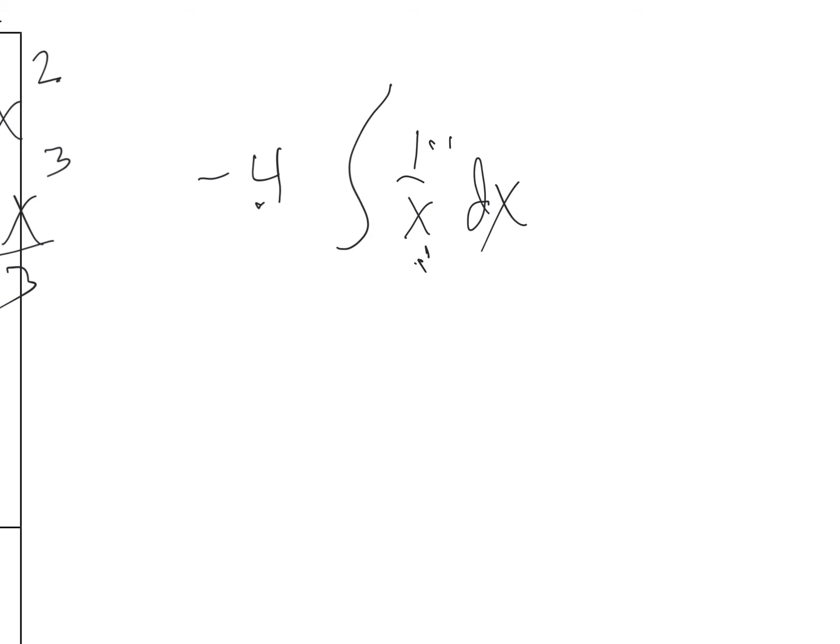So when I do the antiderivative of 1 over x, I cannot use the power rule. I have to say that the answer is negative 4 times the natural log of x. Keep this in mind: x was the bottom and the derivative of x was 1. Remember du over u?